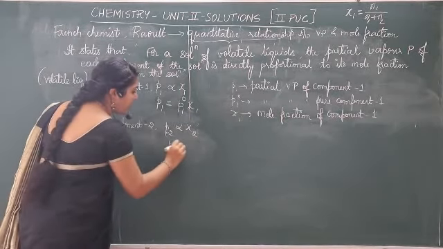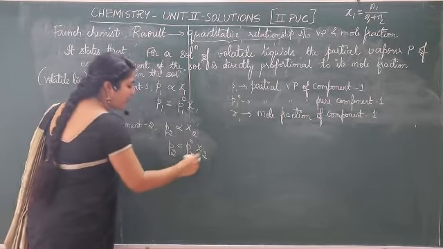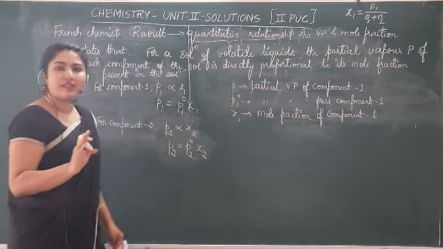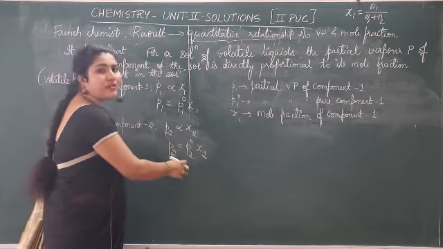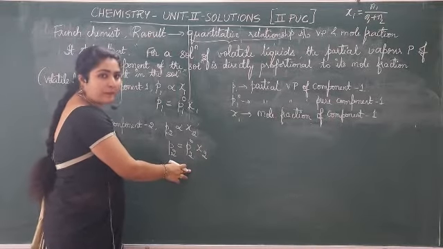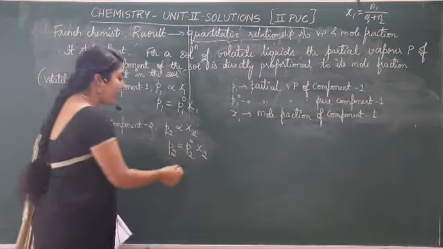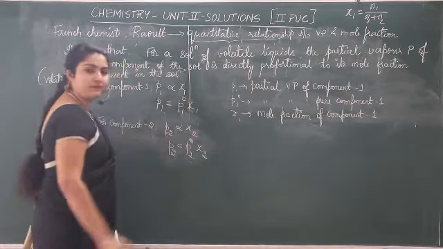P2 is equal to P2 naught X2, where P2 naught is for the pure component. Now it is in the solution form, isn't it? If it was in a pure form, then what would its vapor pressure be? That is P2 naught. Without combining with any other, if it is in the pure form, then its vapor pressure is represented with this standard form.